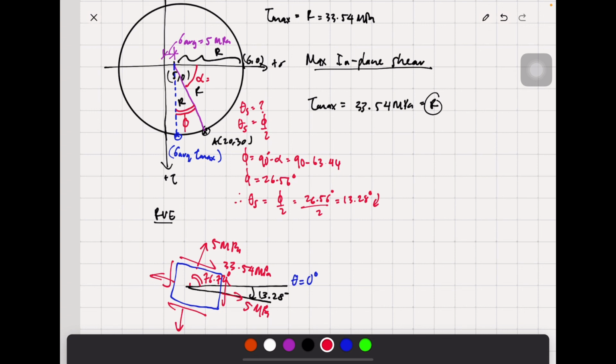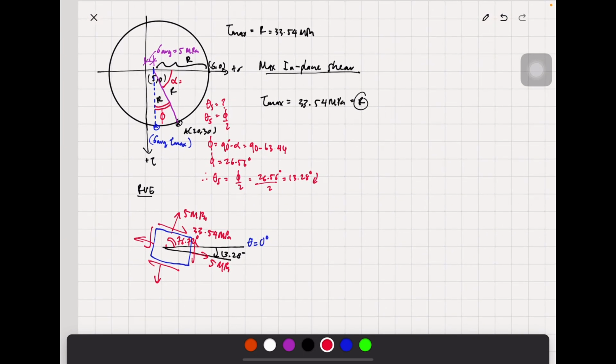So the angle of that is our phi, whereby theta S, the shear stress angle, is defined. So this is the answer for the plane stress element in the maximum in-plane shear stress.